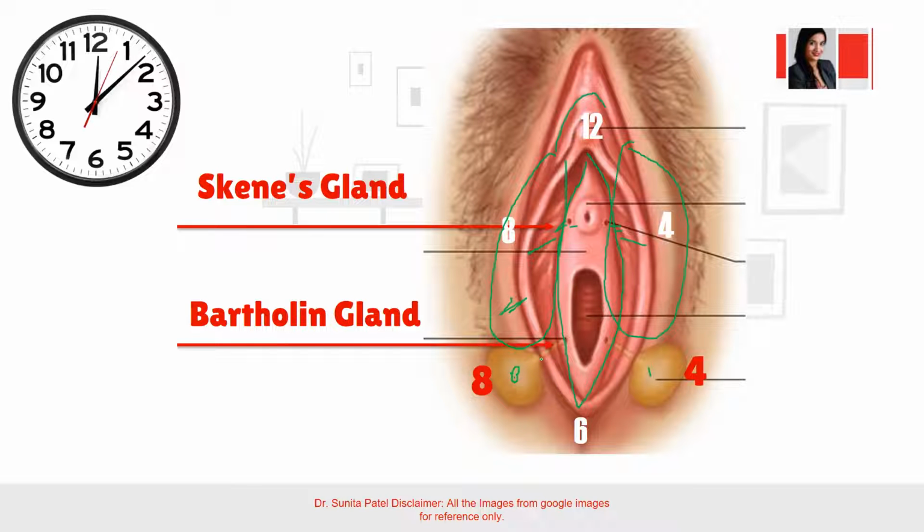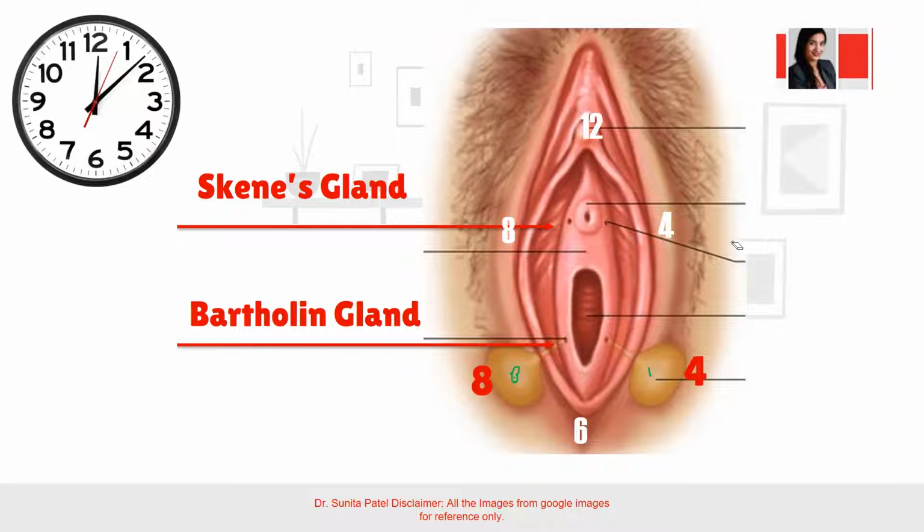In the same way, we also have glands opening on both sides of the vagina: the Bartholin glands, and they have an opening. Let me erase and show you again. So these are the two openings of the vestibular gland, and we call them the openings of Skene's glands. In the same way, this is the opening of the Bartholin gland.